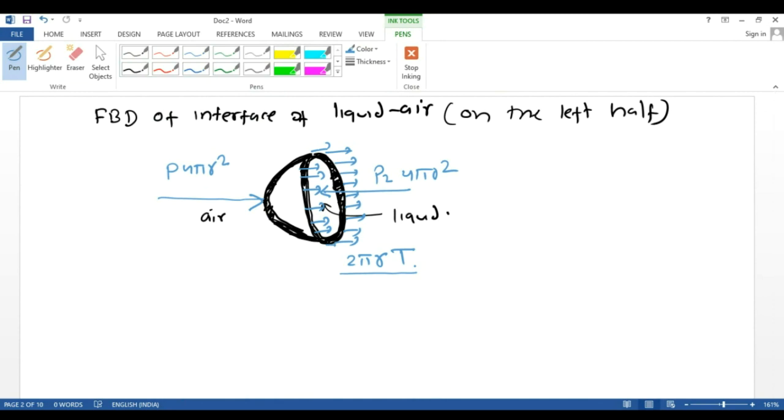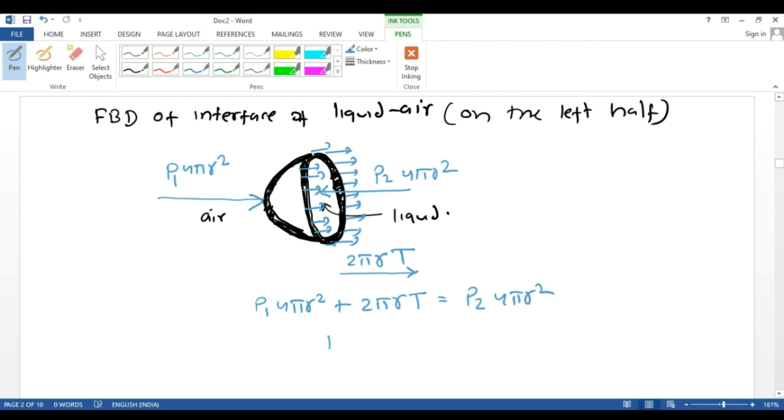This force acts at the entire interface of air and liquid. So obviously this interface is in equilibrium, net force on it will be balanced. So if you just balance them, you have P1 into 4 pi r square plus 2 pi r into T is equal to P2 into 4 pi r squared.